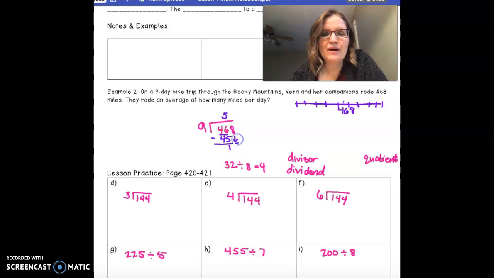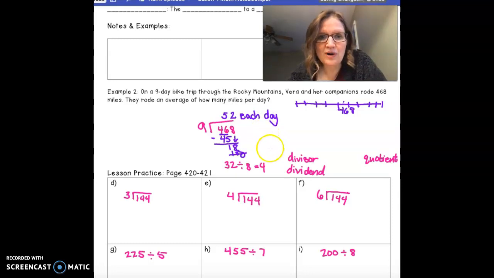I bring down my 8, and I say, oh, 18 can be divided by 9 2 times. Yay! So 2 times 9 is 18, and I have 0. They rode 52 miles each day. Wow, way to go. So I wanted to go through that.